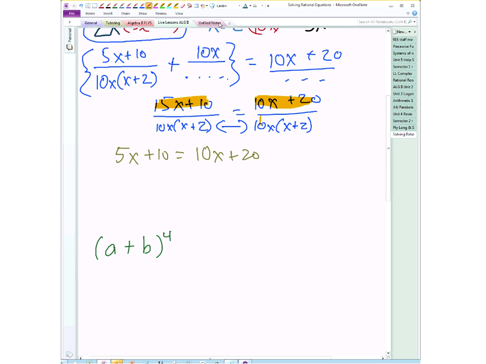Remember, when we're solving a proportion, which is any two ratios equal to one another, you can cross-multiply to solve it. If you do, you're going to end up with a quadratic. That's not necessarily a bad thing. We know how to solve quadratics. We had nearly a whole unit on how to solve quadratics.